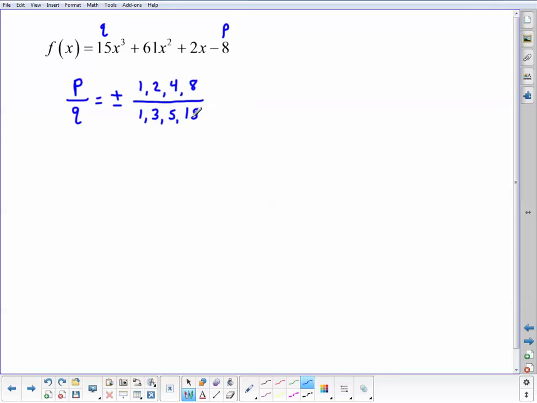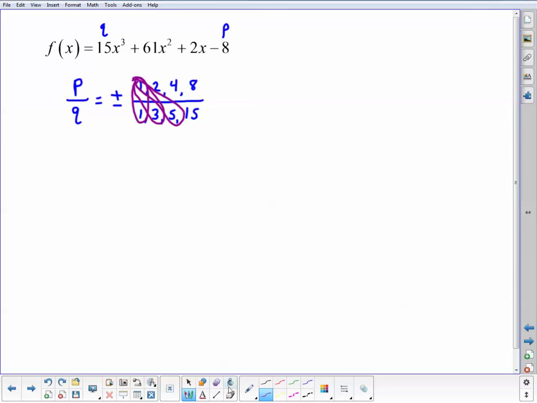Now we write this as just a list like this, but keep in mind what this really means, I'm not going to go through all of them because it'll take forever, but I could have 1 over 1, I could have 1 over 3, I could have 1 over 5, etc. I could have 2 over 1, 2 over 3, 2 over 5, 2 over 15. So I have a lot of combinations.